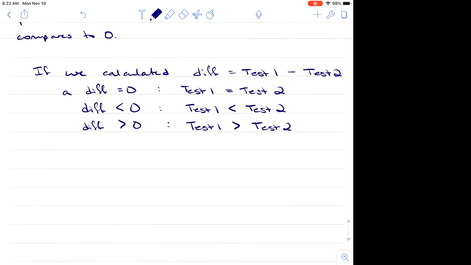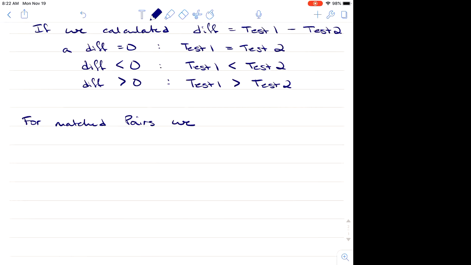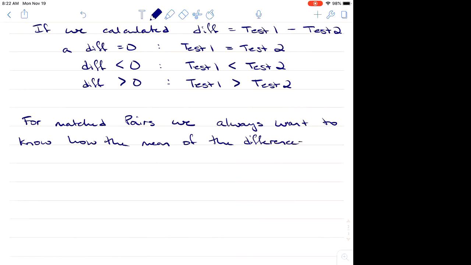So for matched pairs, we always want to know how the mean of the differences compares to 0.